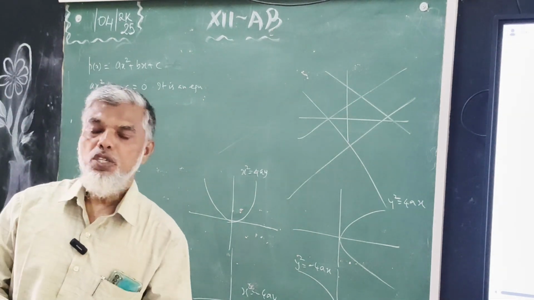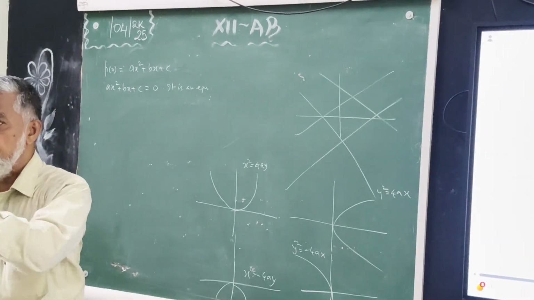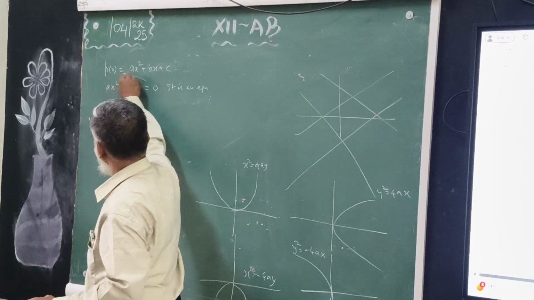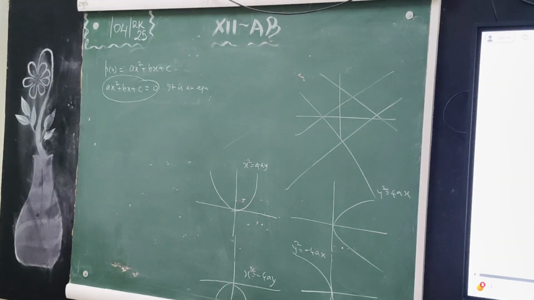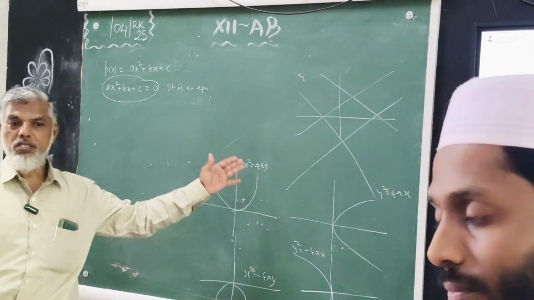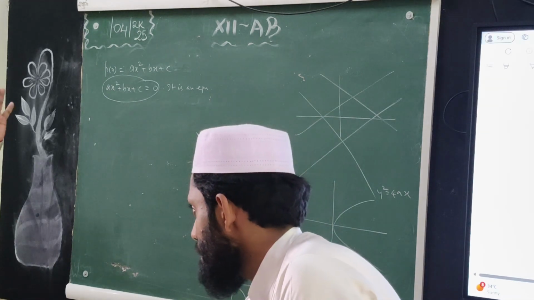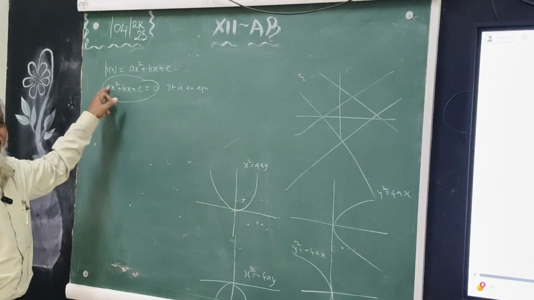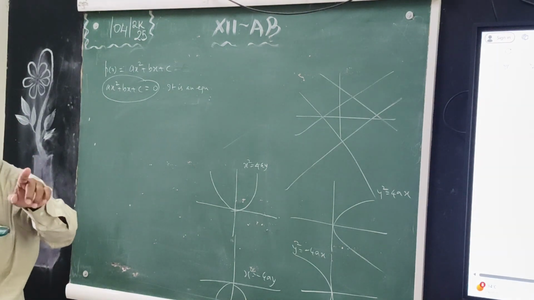This parabola you already studied in your plus 2 courses. Therefore, if you draw this, you will get this shape or this shape, according to whether a is positive or a is negative.